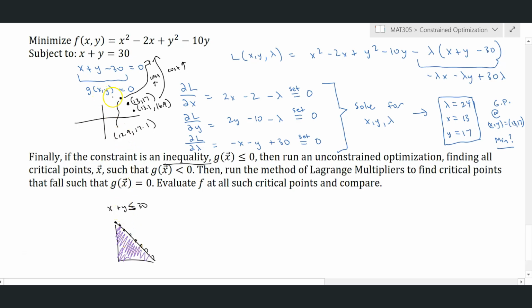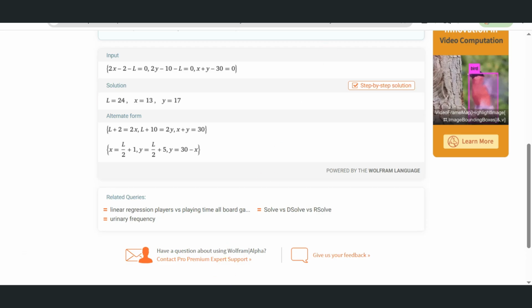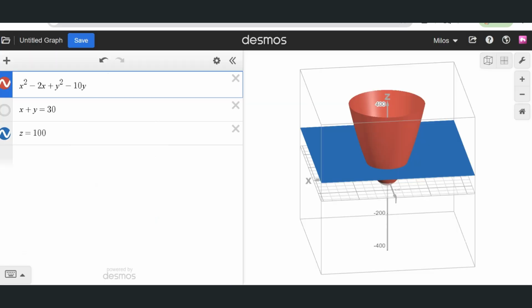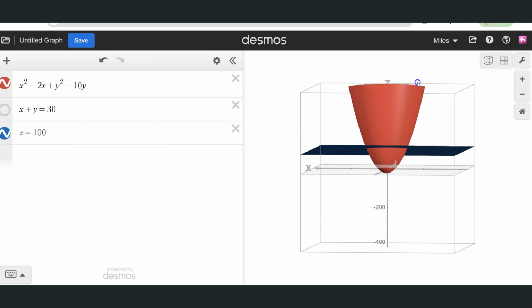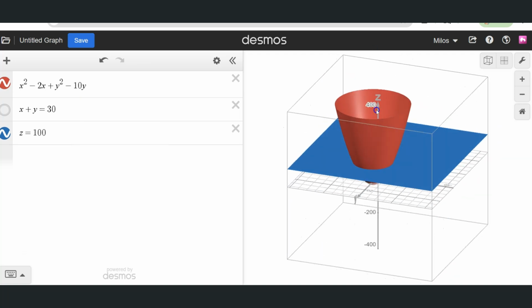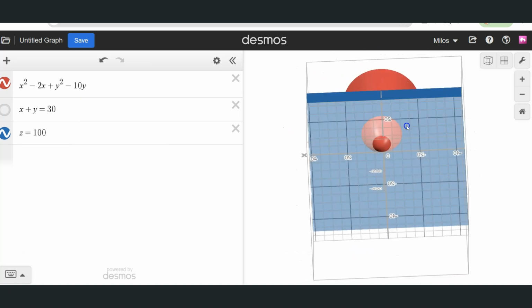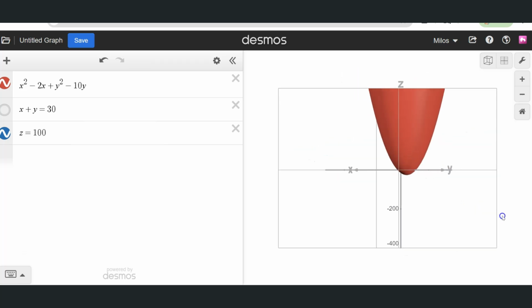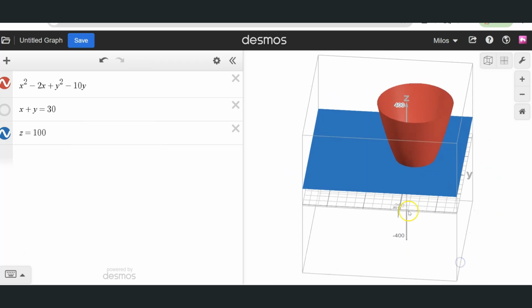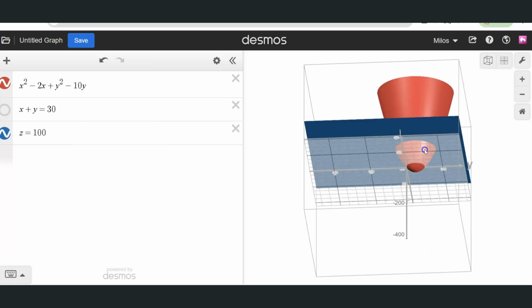So, of course, the method of Lagrange multipliers will take care of the boundaries on x plus y equals 30. But how do we figure out if maybe the minimum rests somewhere in here? Well, let's come back here for a moment. You can see the positive xy plane is in this region right here.